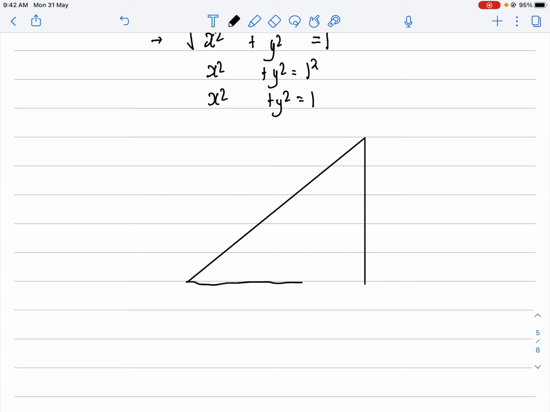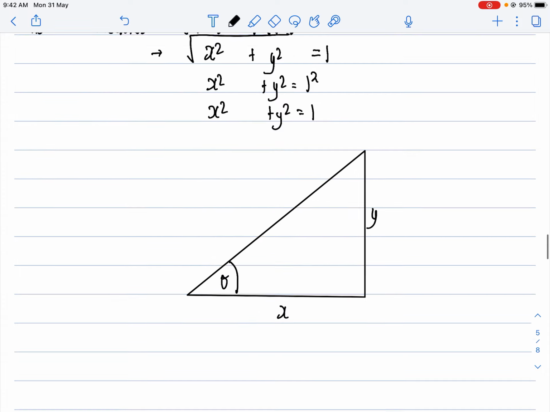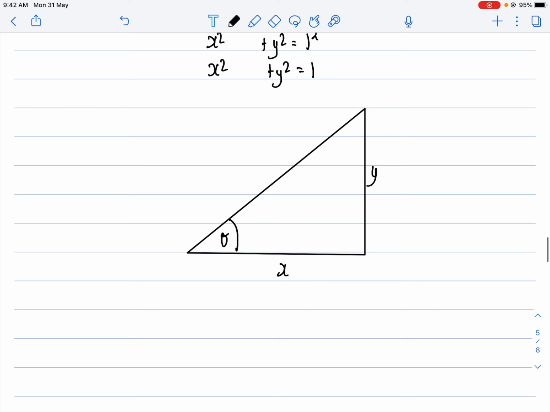So let's say this is my right angle triangle. My argument here is, let's say, theta. I know the imaginary part is always the vertical axis, so I have y here and x here. So tan theta equals opposite over adjacent, so y over x. Got it?